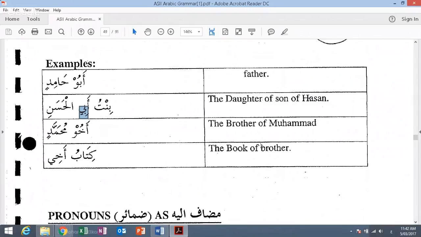Bintu Abil Hasani. So we say Abal. This is Jarri case. Akhu Muhammadin. Rafi case. Kitabu Akhi. Okay, and then if you want, you can say something else. Hamidin. Kitabu Akhi Hamidin. Hamid's brother's book.